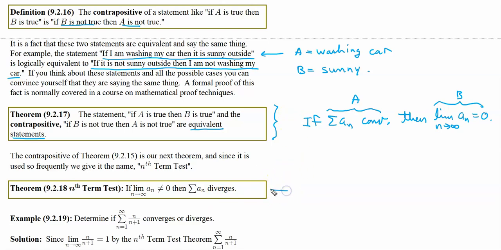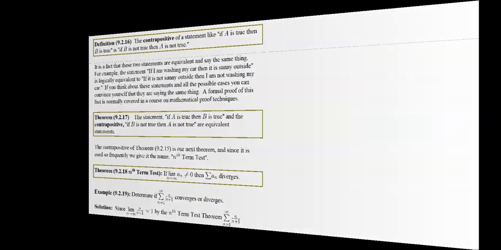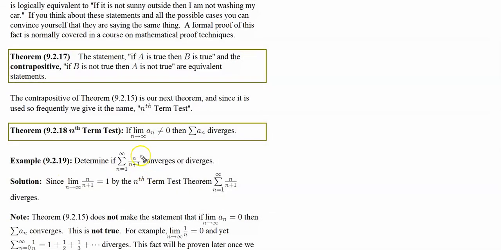Now let's see how we use this theorem. This comes in handy. Let's take a look at this example. So let's determine if this series, the sum of n over n plus 1, converges or diverges. Well, let's note that for this series, our an terms are equal to n over n plus 1.